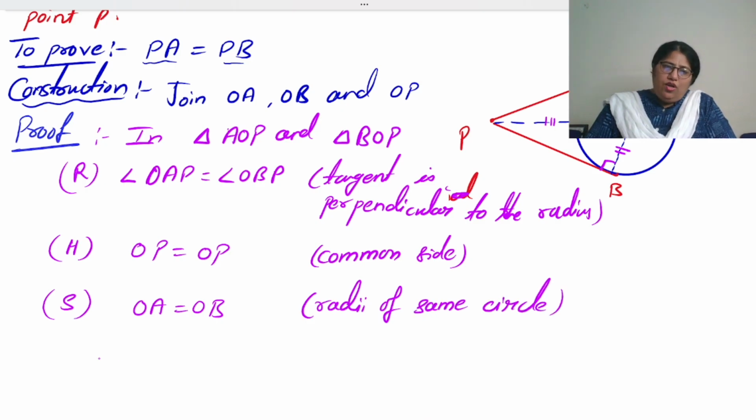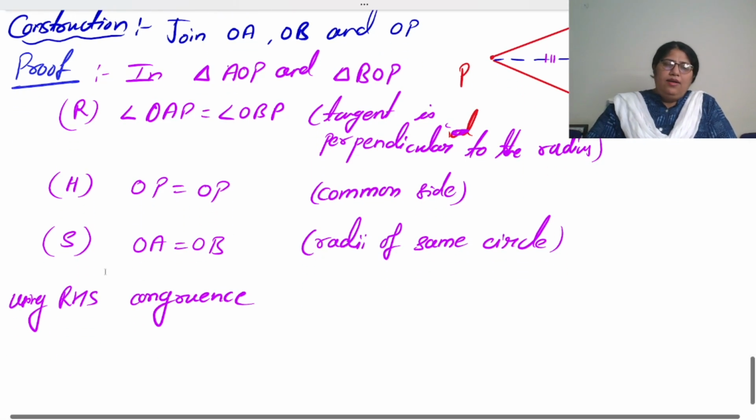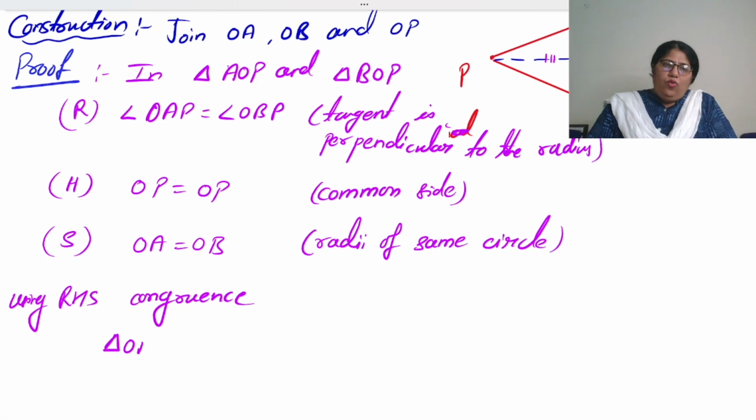Now using which congruence criteria can we write down here? Using RHS congruence criteria, we can say that triangle AOP, we have written here AOP, so let us take AOP only, AOP is congruent to triangle BOP, right?